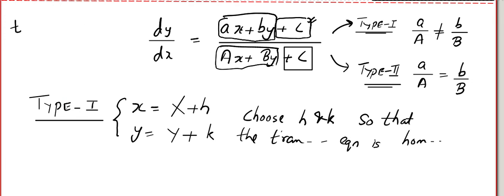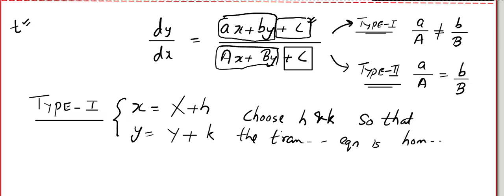For example, the numerator may be half the denominator, maybe 1/3 the denominator, maybe negative of the denominator. Somehow there will be a connection. And once you make this substitution, this equation will be reduced into variable separable type. That means you will be able to solve it.